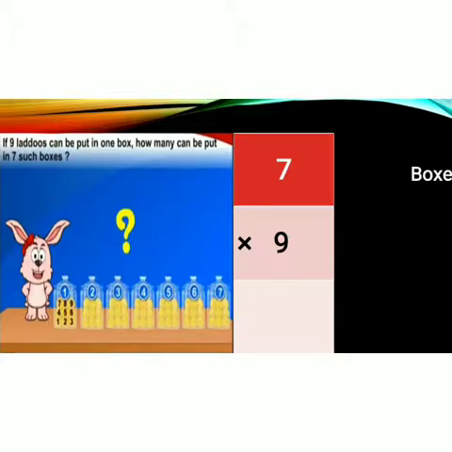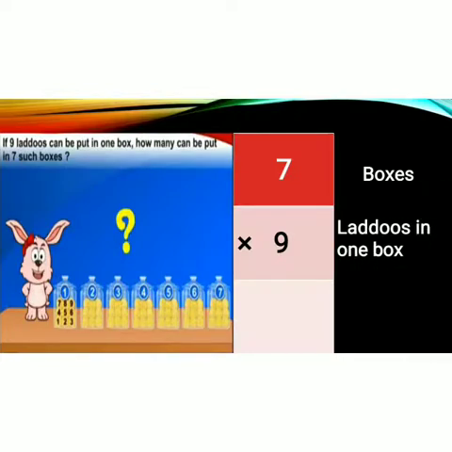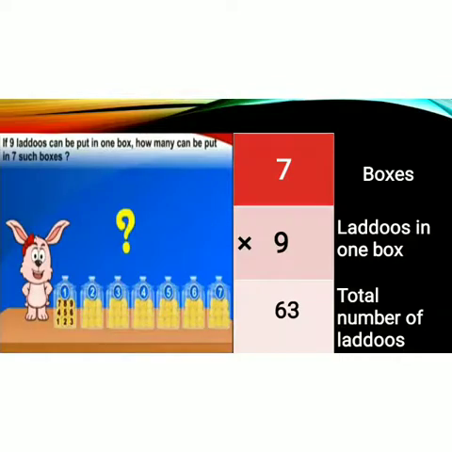Now 7 are the boxes and 9 are the laddus in one box. Now here we can say the table of 9 till 7. The answer is 63. 63 is the total number of laddus we can find easily with the help of multiplication.